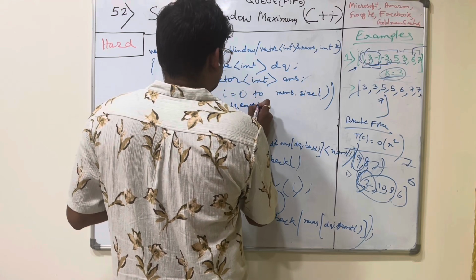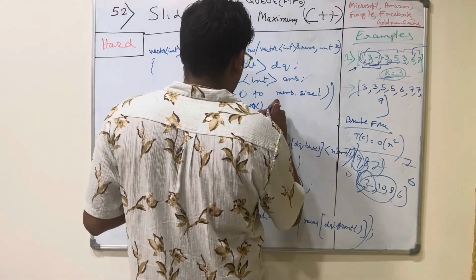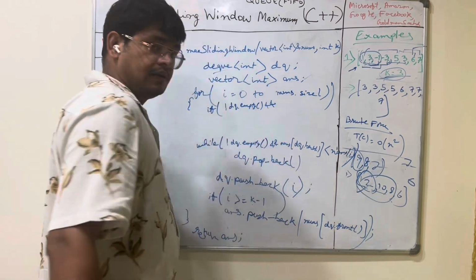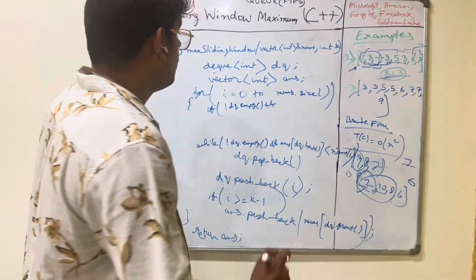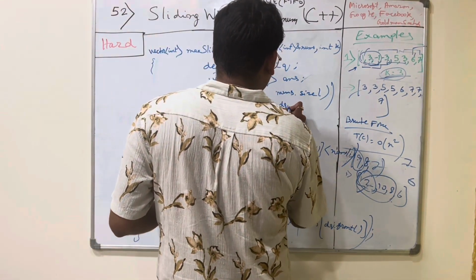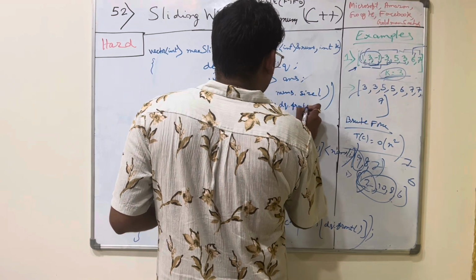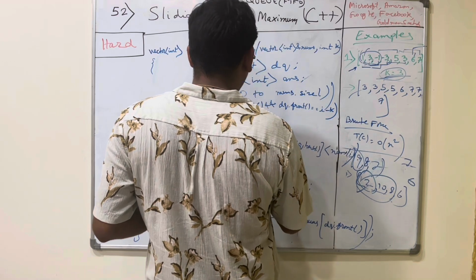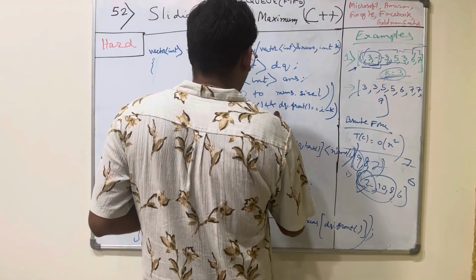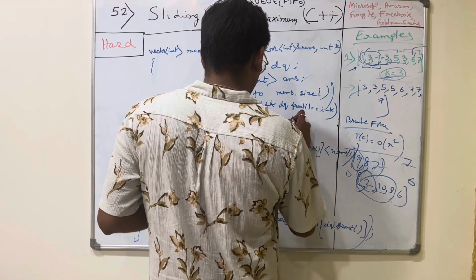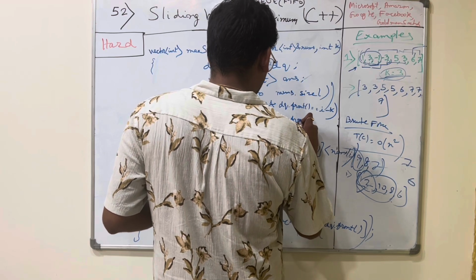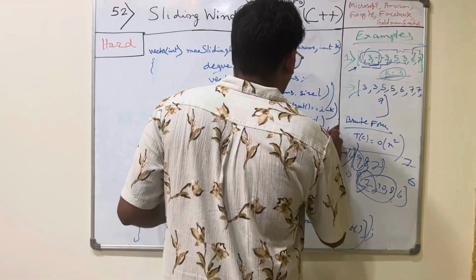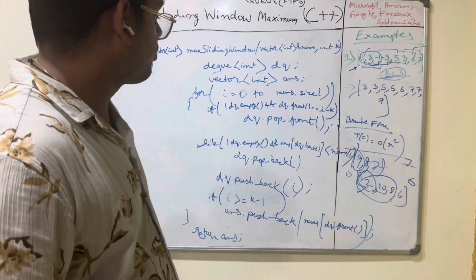If it is empty, then for sure we don't have any problem. And now, if DQ dot front is equal to i minus k, then we need to pop it out from the front actually, not the back.